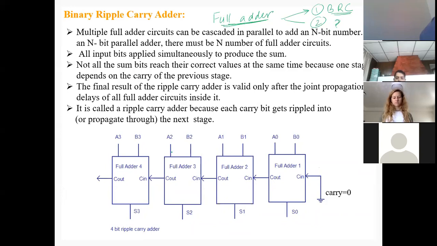Now the thing is, as you have already realized, if you want to add, suppose, 4 bits, how many full adders do you need, right? So this is just a 4-bit adder. In general it could be n-bit adders, right? So this is a 4-bit adder.